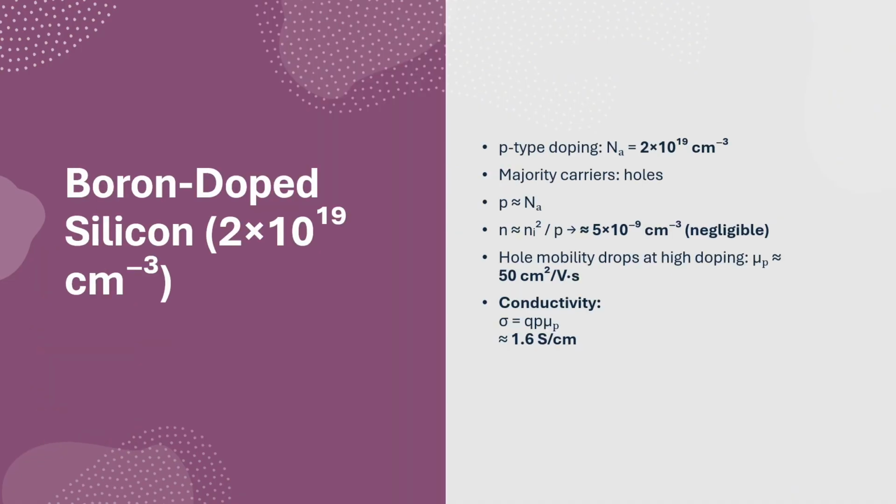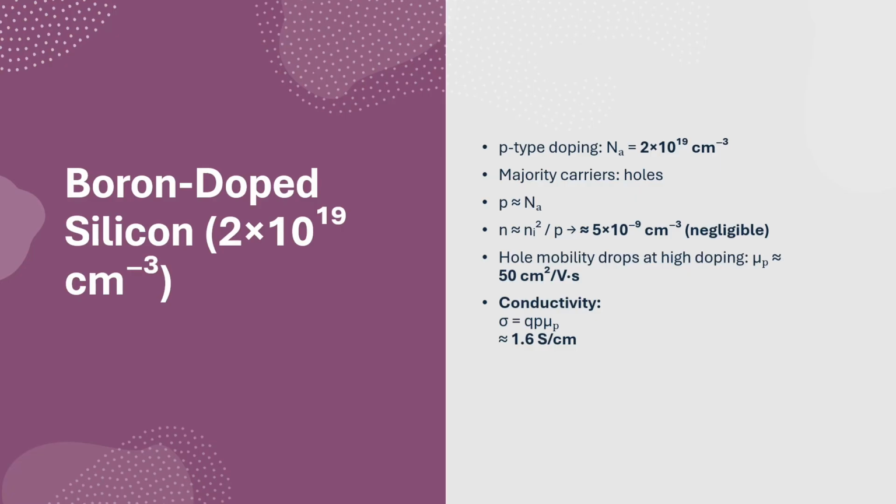Now let's take a look at the boron doped silicon with a concentration of 2 times 10 to the 19 per cubic centimeter. So this is an extremely heavy p-type doping, so the hole concentration p is essentially equal to the doping level. The electron concentration becomes extremely small because it equals the intrinsic concentration squared divided by the hole concentration.